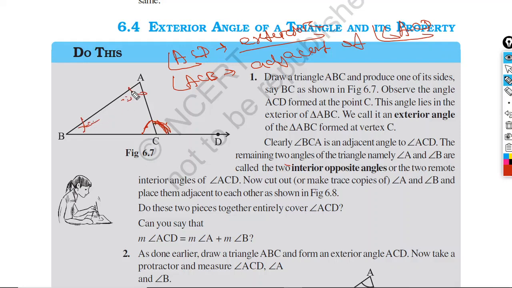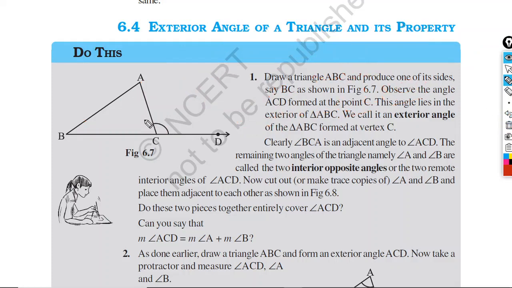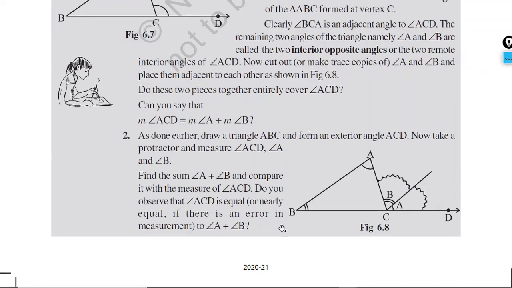So we can call them angle A and angle B, interior opposite angles of which angle? Of angle ACD. Okay? So interior opposite means they must be interior and they should not be adjacent. Now we will move to a property.